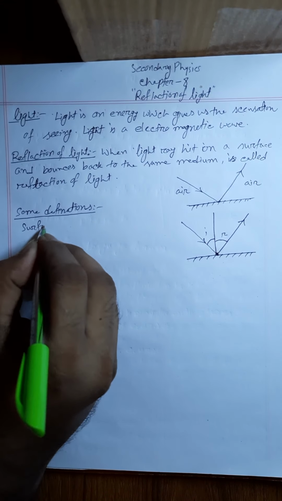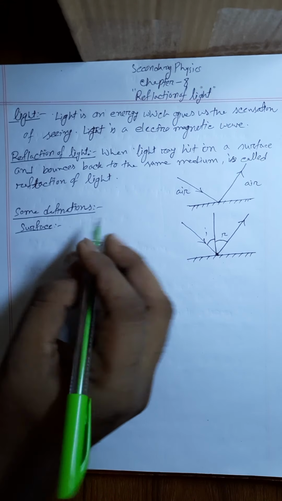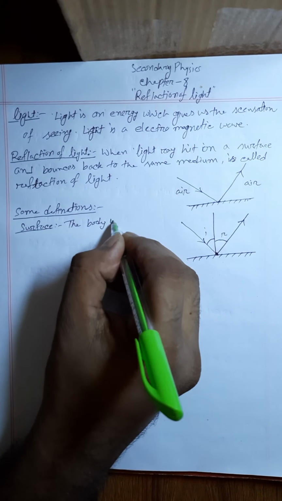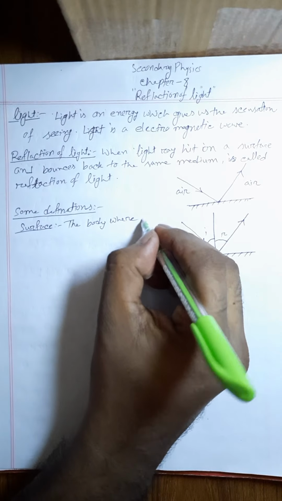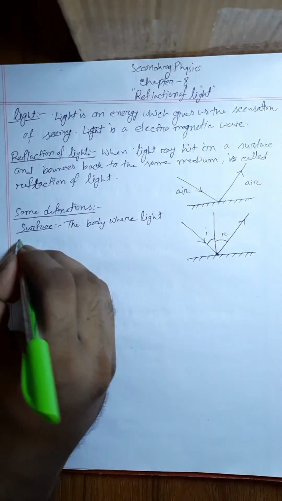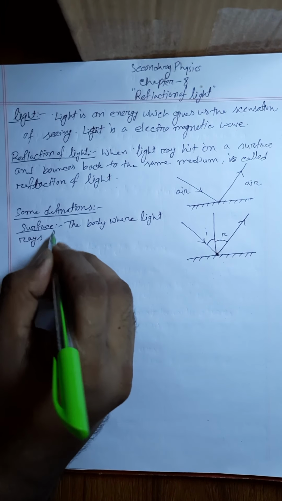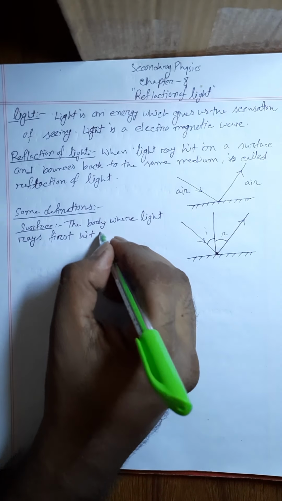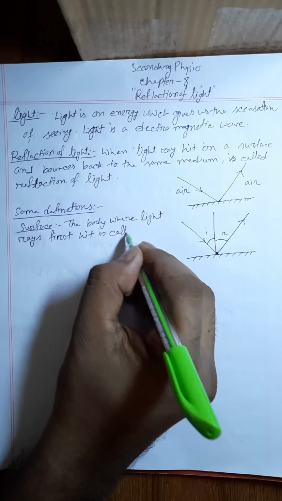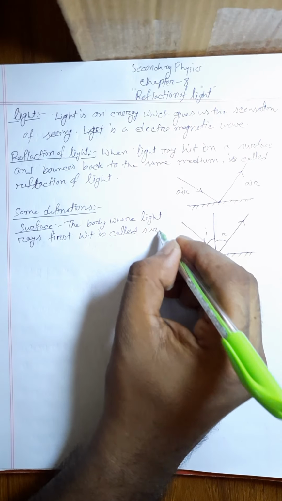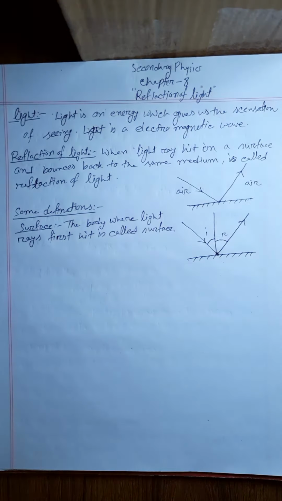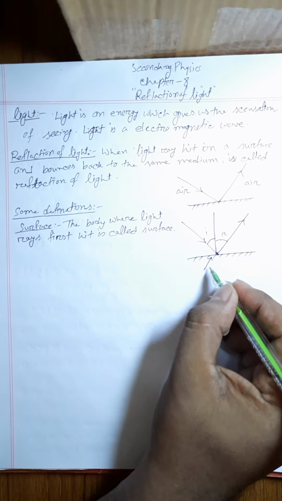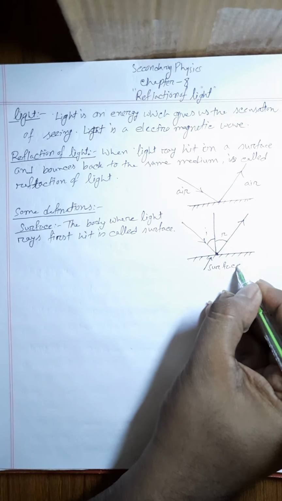Surface: the body where a light ray first hits is called the surface. So this is the surface.